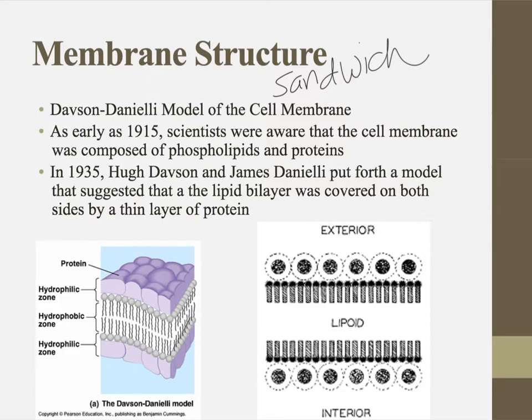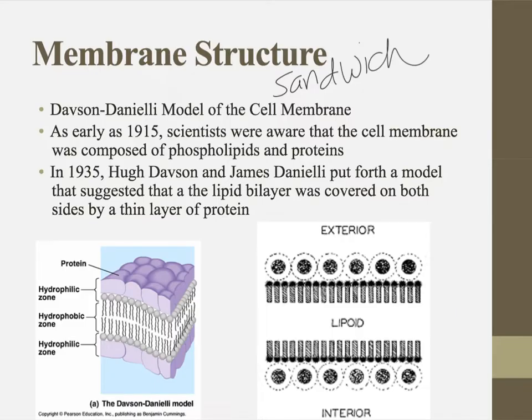They knew through chemical testing that the primary components of the cell membrane were phospholipids and proteins. So they used their best inference-making skills and the limited data that they had to make a model that looks like this. To me, this looks like a sandwich. So they said, okay, we know it's made of phospholipids and we know it's made of proteins.